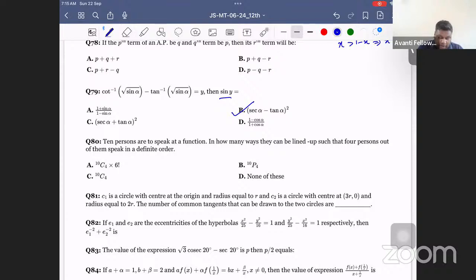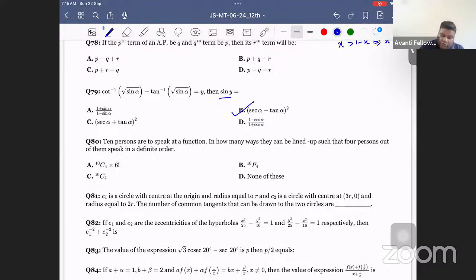Now, an easy question it was. 10 persons are to speak at a function. In how many ways can they be lined up such that 4 persons out of them speak in a definite order? Now, if 4 persons are speaking in a definite order, it means we are not arranging them. They may be at different places, but their order should be the same.